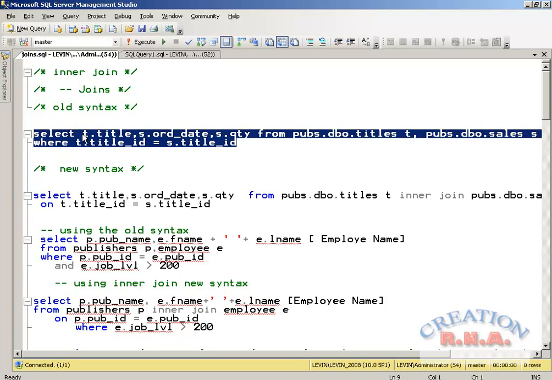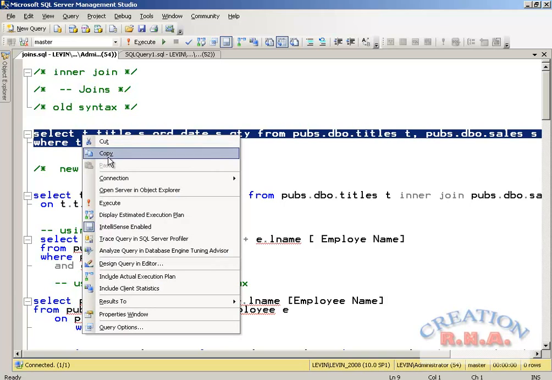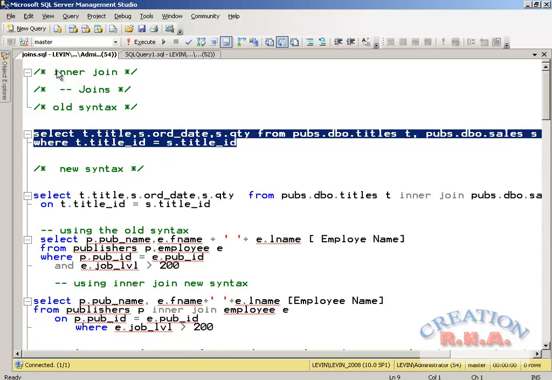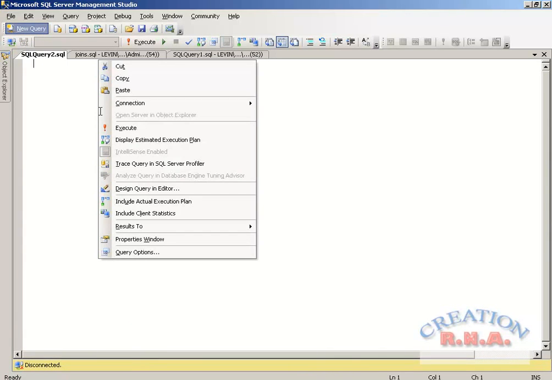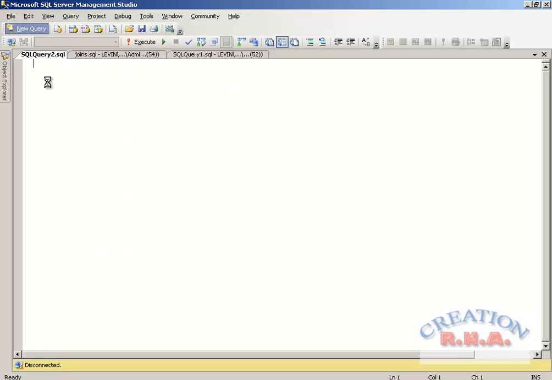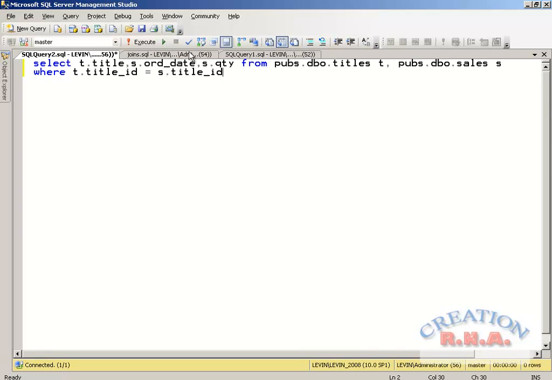Let's copy it and run it in a new window. Now let's execute it.